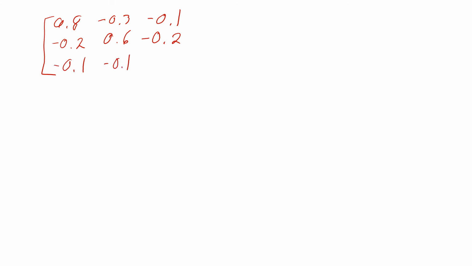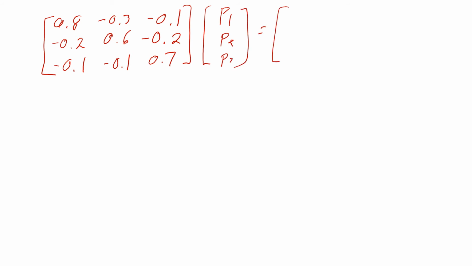We take I minus A, we get 0.8, negative 0.3, negative 0.1, negative 0.2, 0.6, negative 0.2, and we get negative 0.1, negative 0.1, and 0.7 times our production matrix equals our demand, or our surplus.